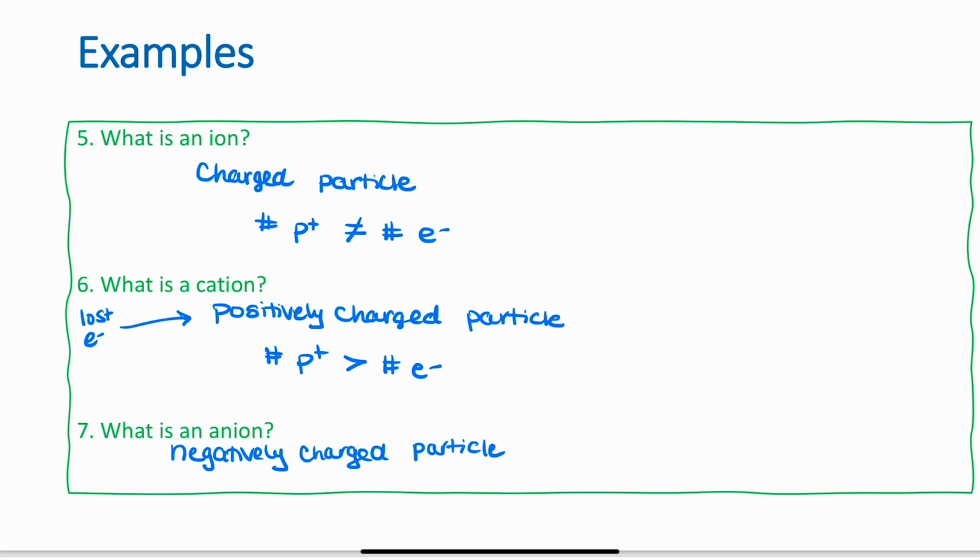I can, however, change the number of electrons I have. And so to cause a negatively charged particle, I gained electrons. Maybe 1, maybe 2, maybe 3, maybe 4, who knows? But I've gained electrons. So here, my number of protons is less than my number of electrons.